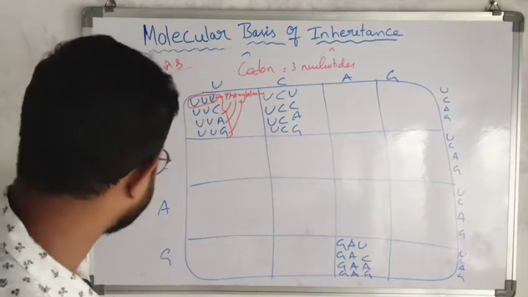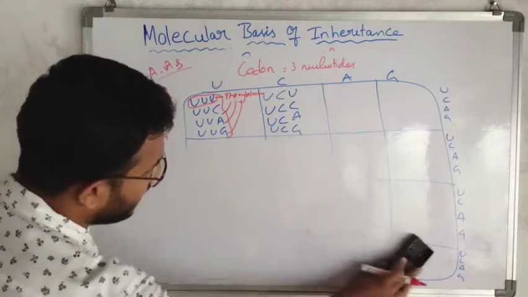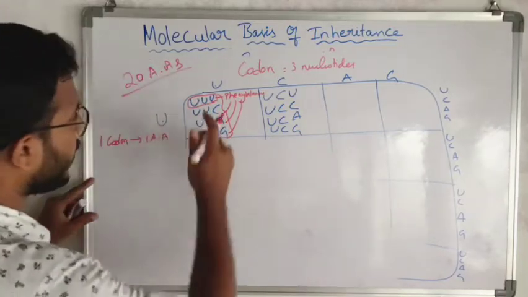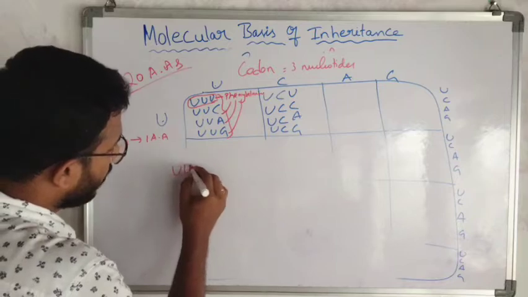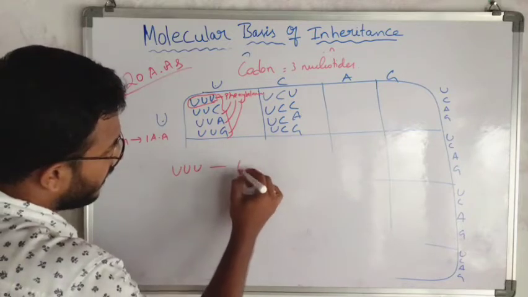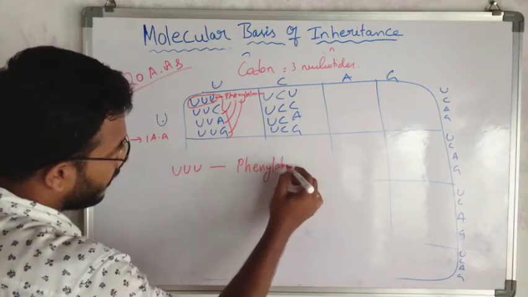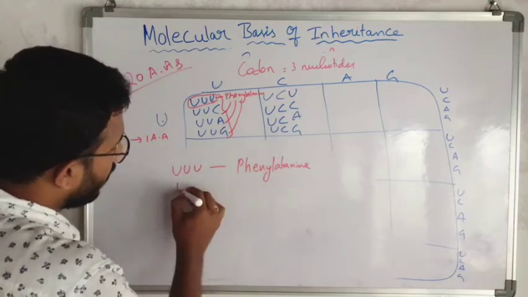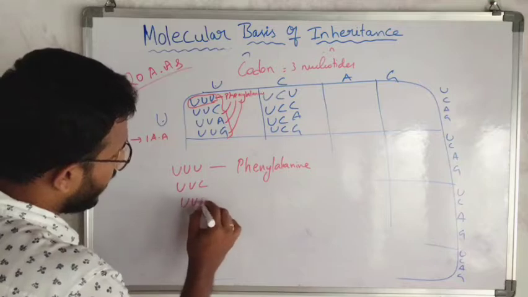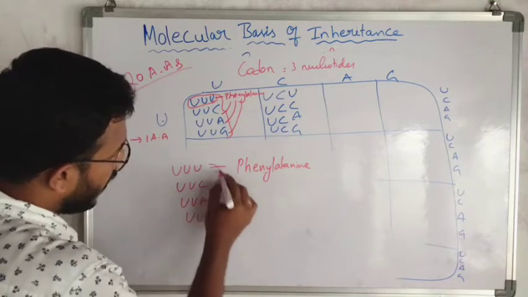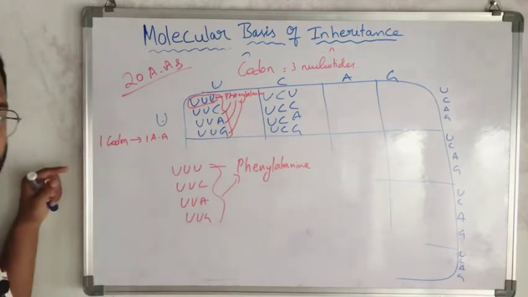Carefully, you have to observe. You have to understand the difference here. See here, UUU is coding for phenylalanine. UUC, UUA, UUG, all are coding for phenylalanine.